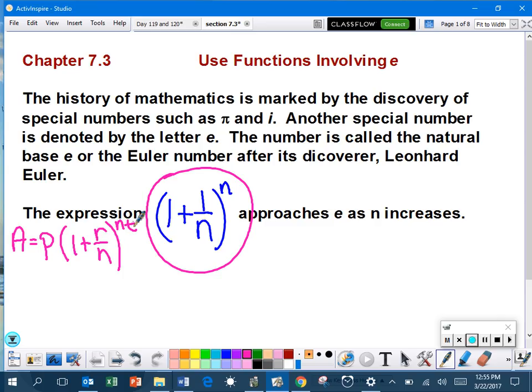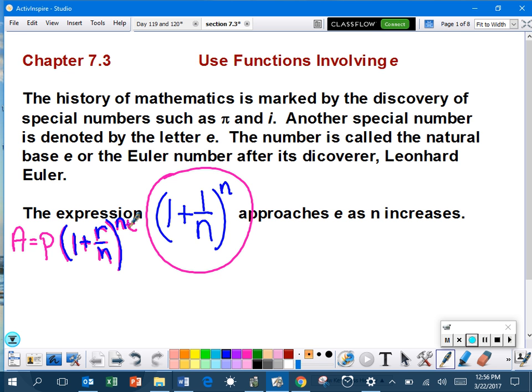Hopefully you recognize that we've got our 1 plus an r here, but over here we've got a 1, and we've got the n underneath, and then we've got the n without the t attached. So you can see how that is closely related to the compound interest problems. And we're going to look at that again when we get close to the end of the lesson.